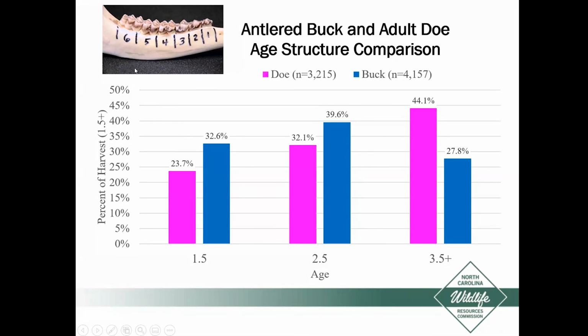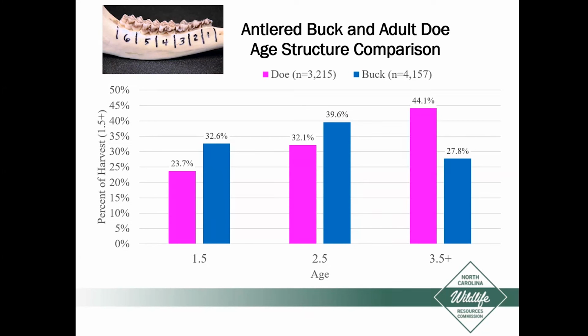We're also interested in the age structure of our does. I left the antler buck age structure, the blue, up here just for comparison's sake, because our age structure gives us an idea of how quickly the population is turning over. And the 2 main factors that make populations turn over are births and deaths. Bucks and does are born at about the same rate.